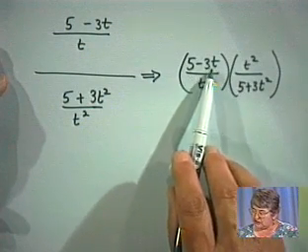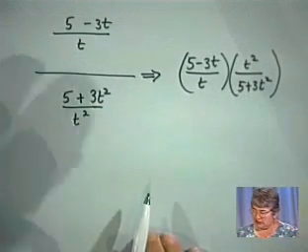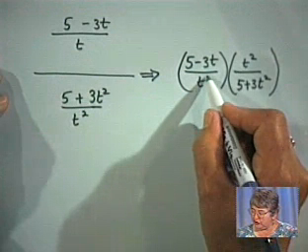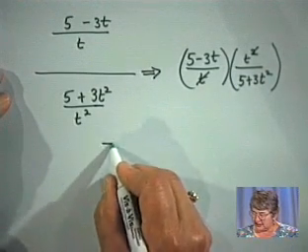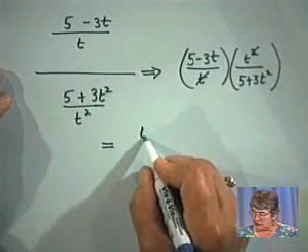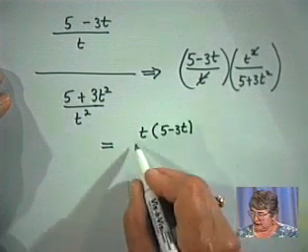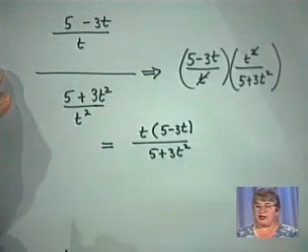Here, that 5 minus 3t does not have a common factor, nor does 5 plus 3t squared have a common factor. So our job is fairly simple. We'll cancel the t, the common factor to both of those. So finally we can say the expression is equal to t times 5 minus 3t divided by 5 plus 3t squared in the denominator.